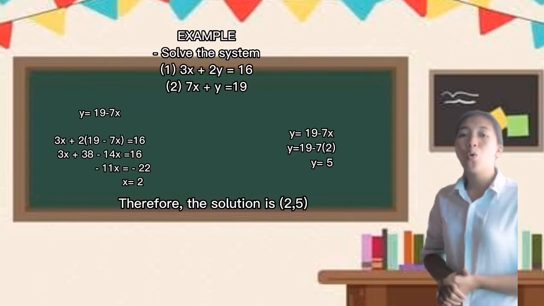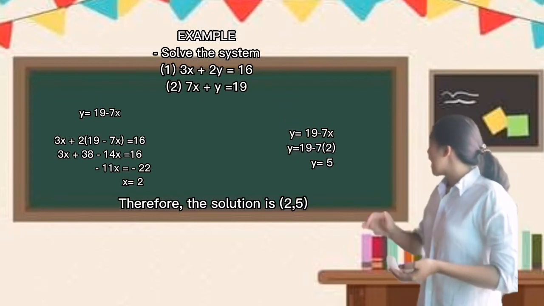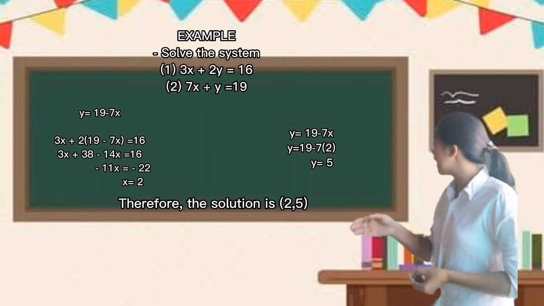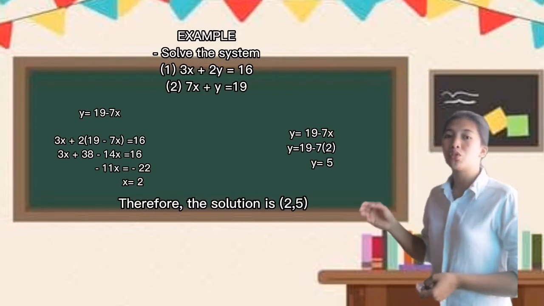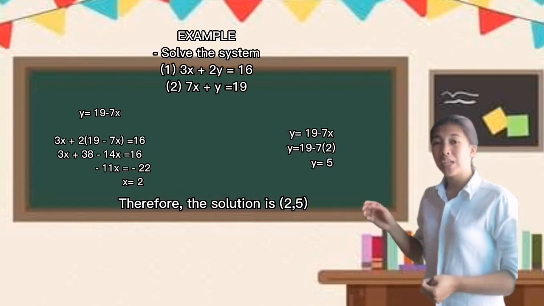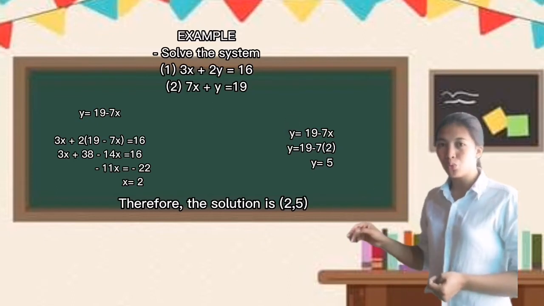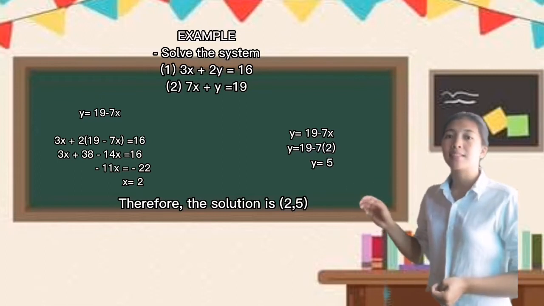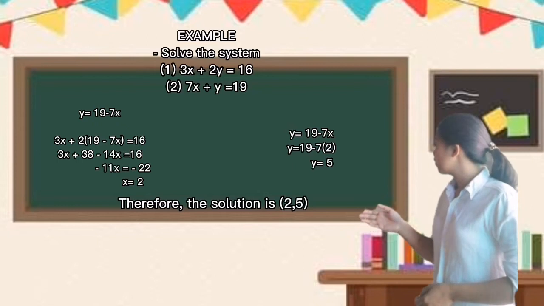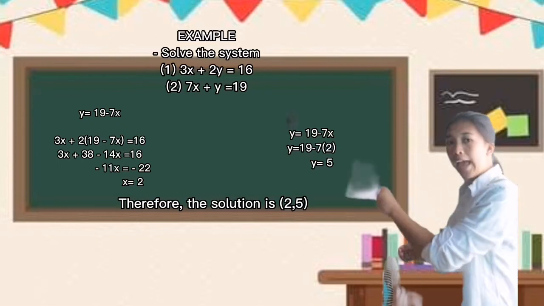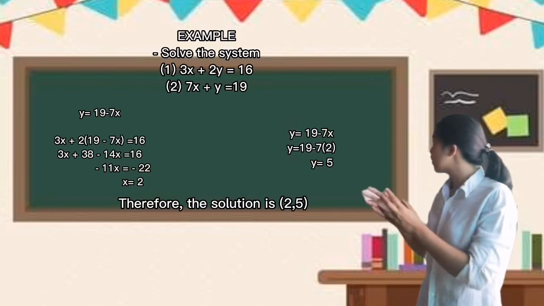Now let's find the value of y. We need to use the expression of y, which is y is equal to 19 minus 7x. Just substitute the value of x, which is 2.